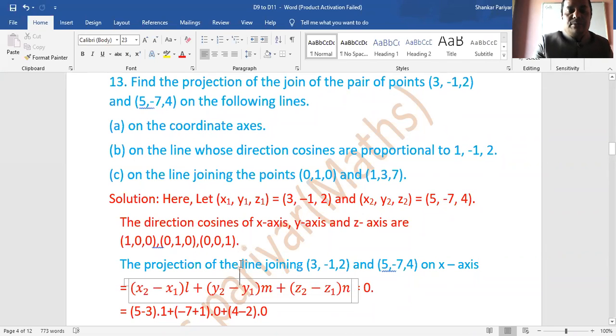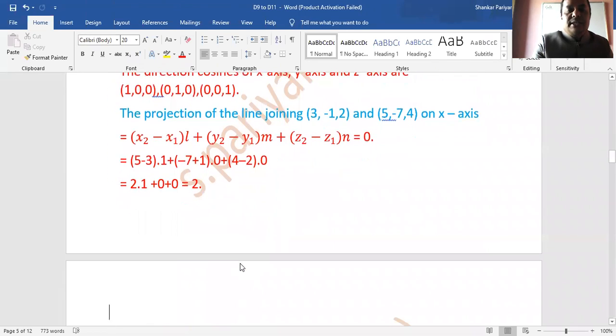Now there is one formula for the projection of one line on another line. If you have to find the projection of the line AB on another line, the formula is (x2 minus x1) into l plus (y2 minus y1) into m plus (z2 minus z1) into n, where l, m, n are the directional cosines of the other line.